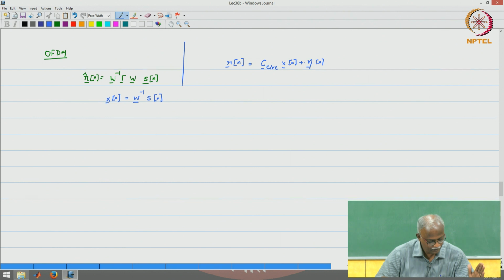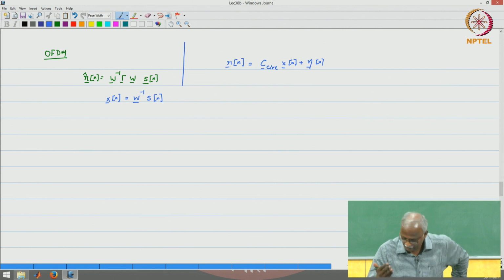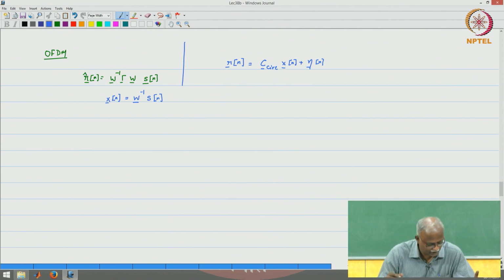I believe it should be, after we pass it through the channel and then remove the cyclic prefix, R of n is C circulant times x of n. I think so. If you catch something wrong, just let me know.